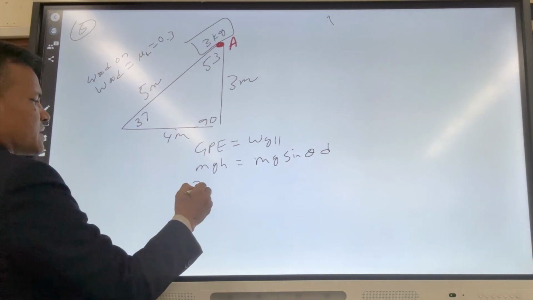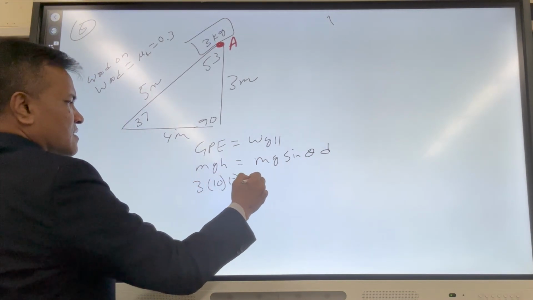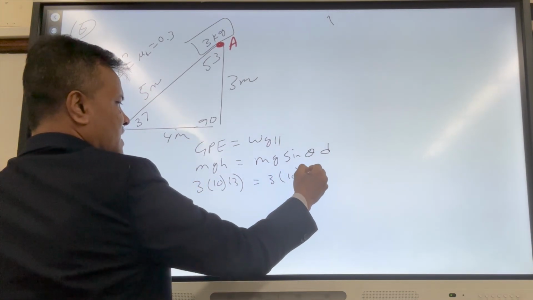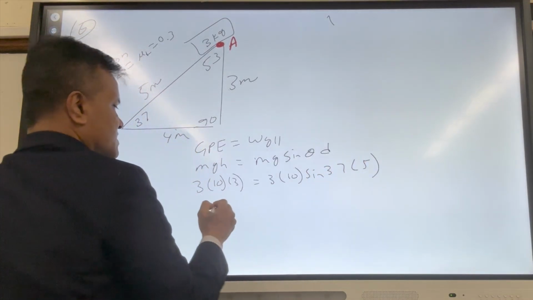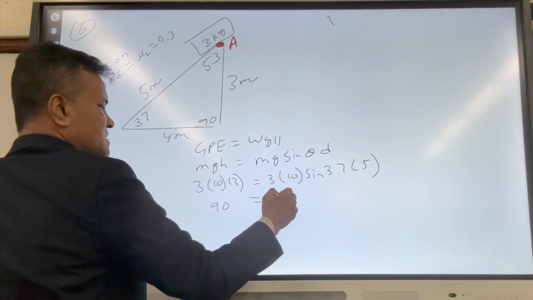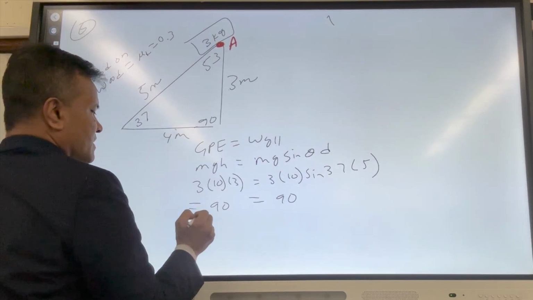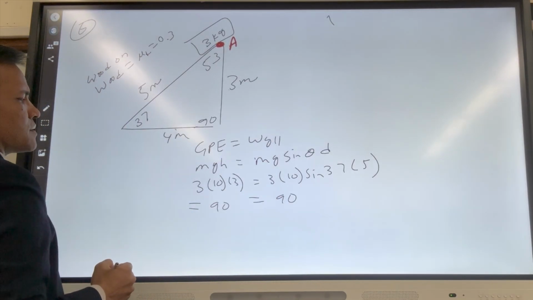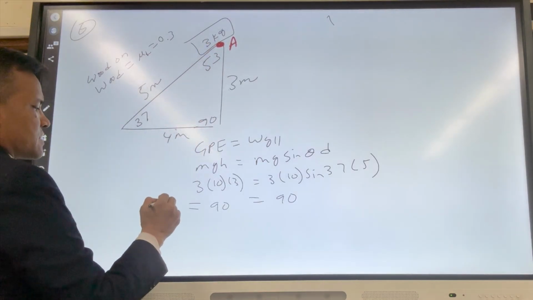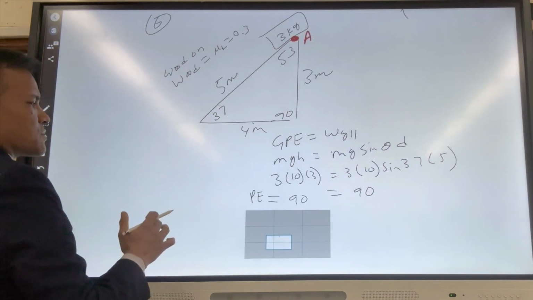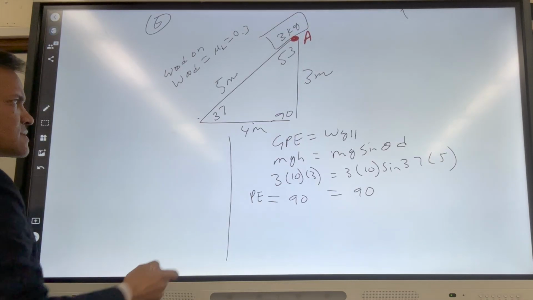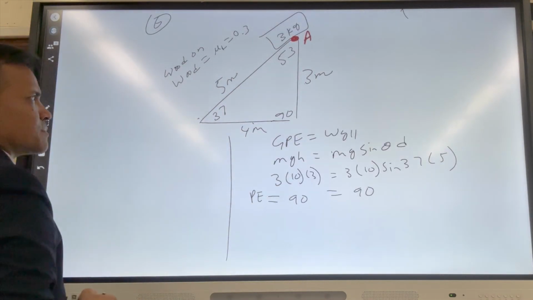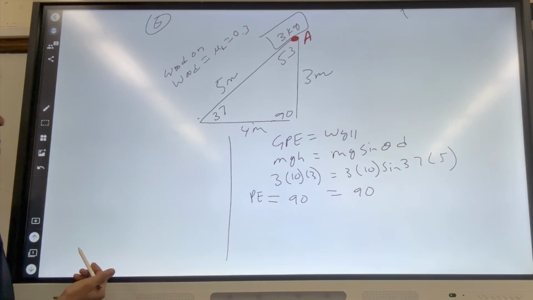So this is 3, this is 10, this is sine 37, and this is d, which is 5. So this is 90. Potential energy over here is 90. All the potential energy converts to kinetic energy, and then finally converts to nothing, 0. At some point, instead of increasing, velocity is going to be 0.